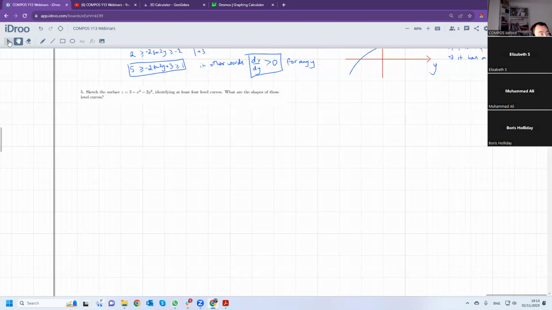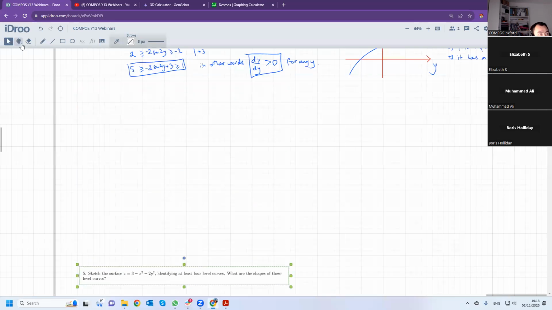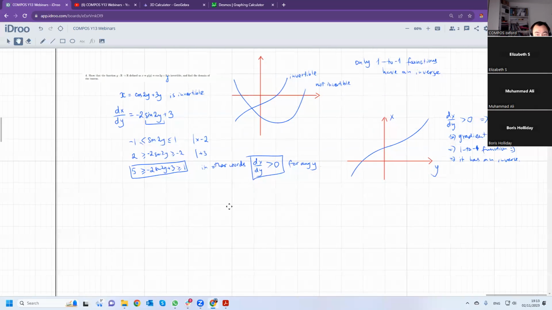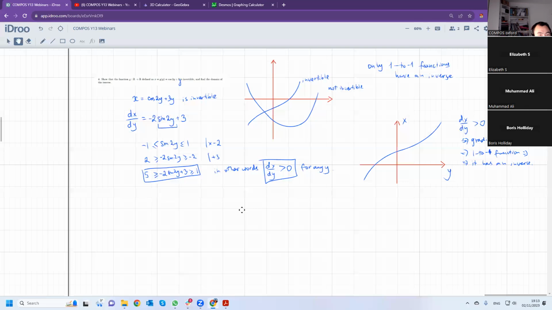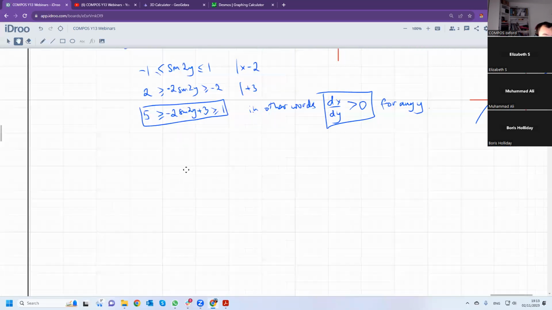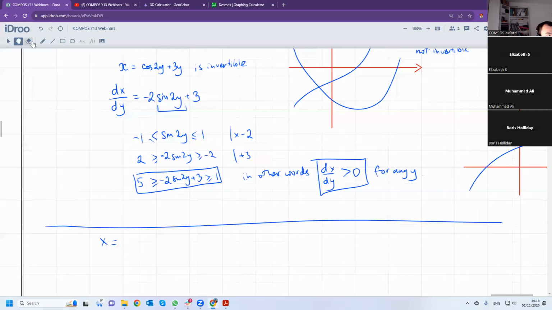We've shown that it has an inverse, and therefore we can invert it. So we have x is equal to cos 2y plus 3y.